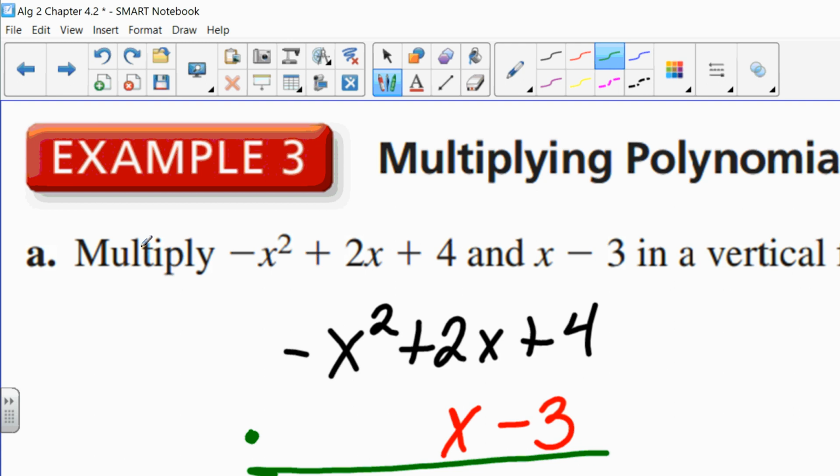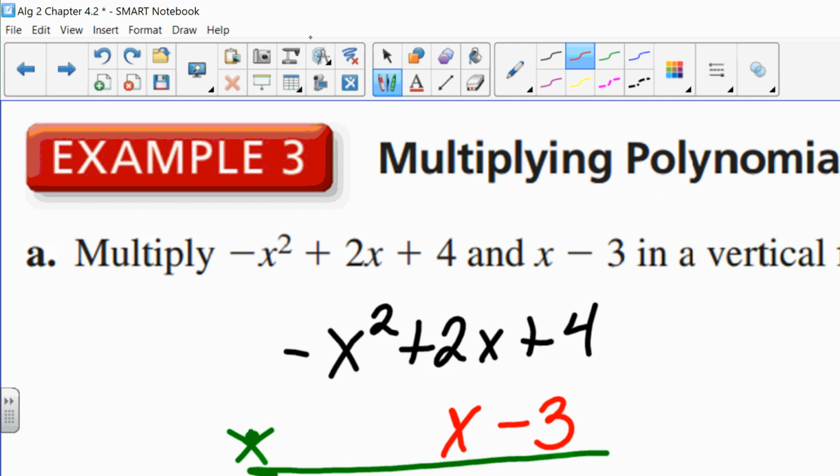And what we're doing is we are multiplying these two together. When we multiply these two together, it's almost going to work exactly like if we were multiplying two numbers together, saying 24 times 12, and we did this vertically. It's going to work the exact same, but we'll have addition and subtraction in the middle.